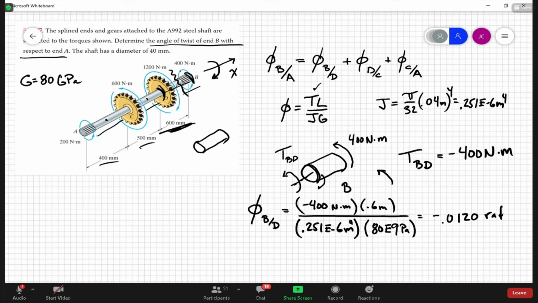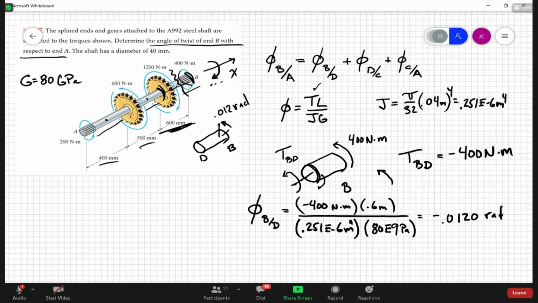So this is B and this is D. B is going to rotate in that direction, in the negative direction, by 0.012 radians, okay? It also makes sense because in this particular case, the torque is going in that direction. So you would imagine that face B is going to rotate in that clockwise direction, looking down X as drawn, of 0.012 radians, okay?